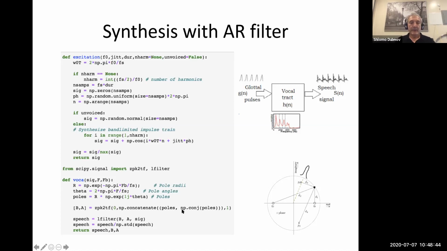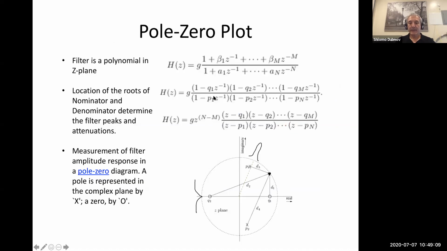So if we put all these poles together, we have this function in SciPy signal processing that takes the zero and pole representation and translates this to filter coefficients. This is the time frequency. So this magic, of course, we're not explaining, but by taking these things, it actually generates the actual filter coefficients.